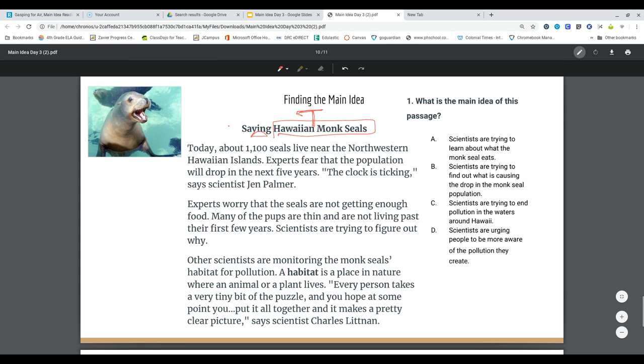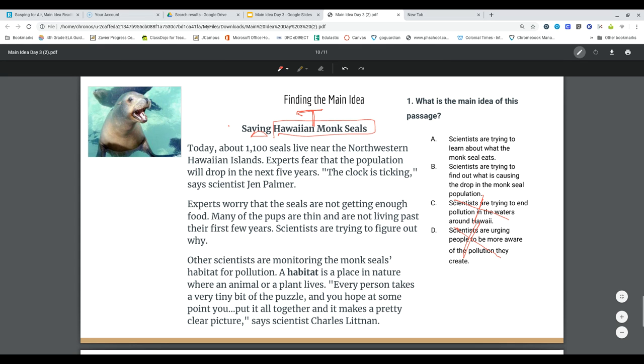So let's see. We have our different answer choices, A, B, C, and D. And we'll use our process of elimination. I could strongly cross out C and D because they don't do anything about ending pollution. They don't tell people anything about being aware of polluting.